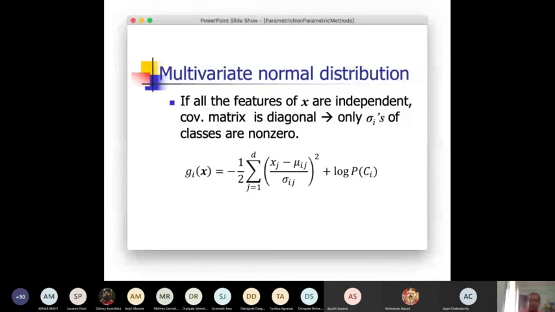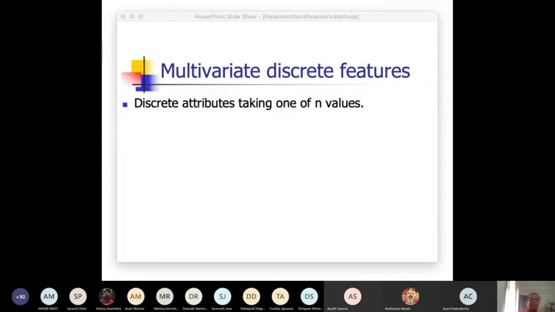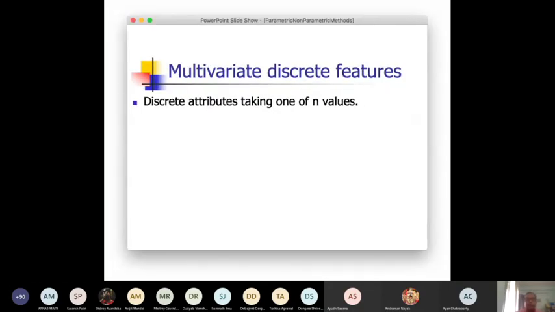Okay, welcome back. So let me consider another case. We have considered the case of a continuous random variable in a multidimensional space, and we have also assumed that the distribution is a normal distribution.